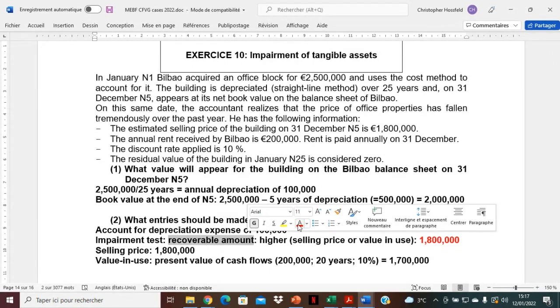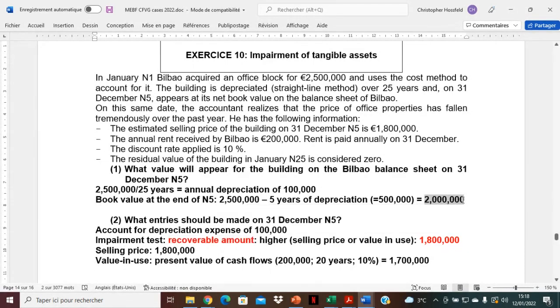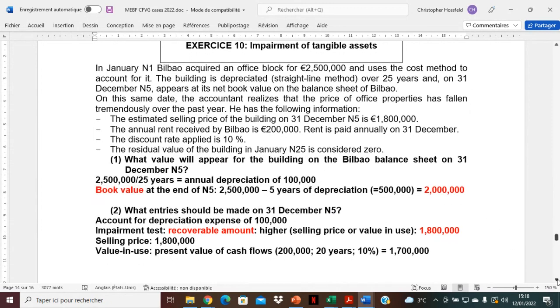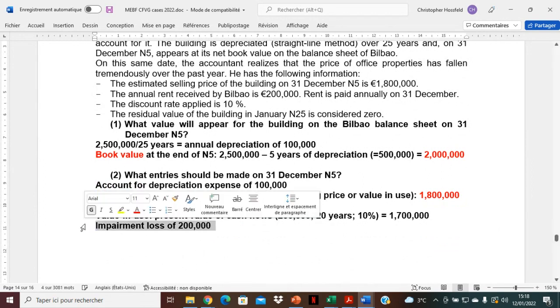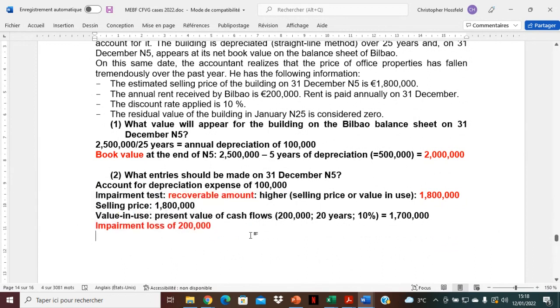The book value of my asset, or carrying amount, is 2 million. Well, that means here I need to account for an impairment loss of 200,000. Okay, that's what I have to do here.